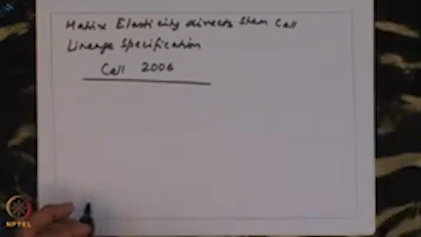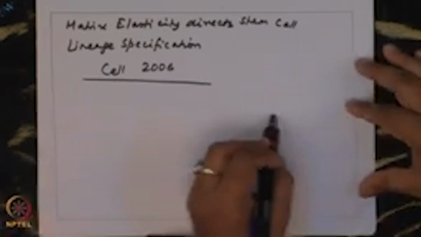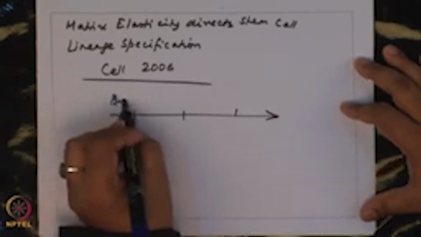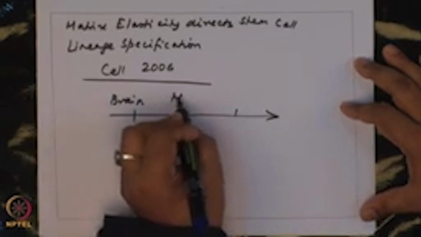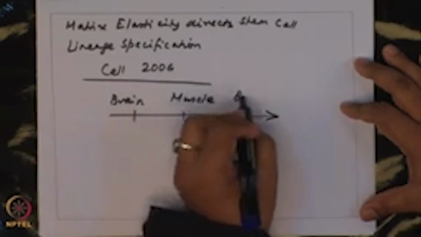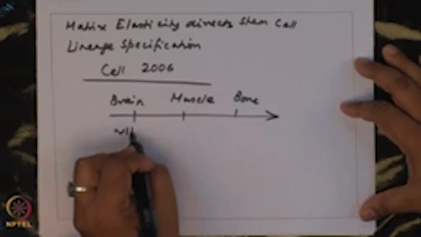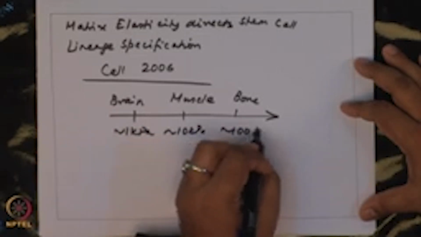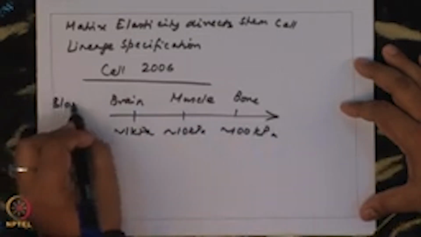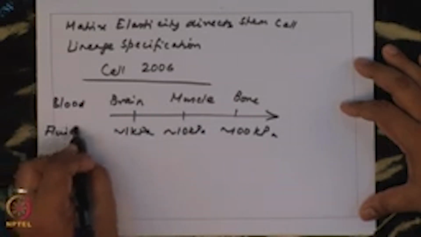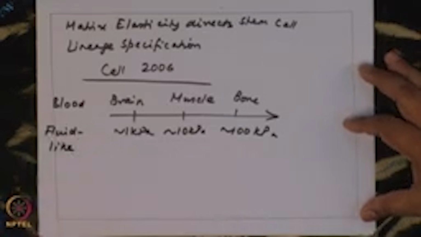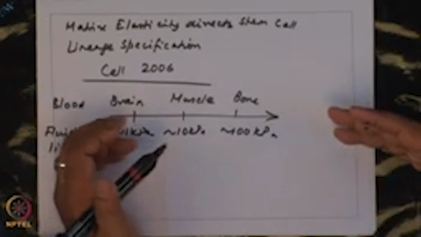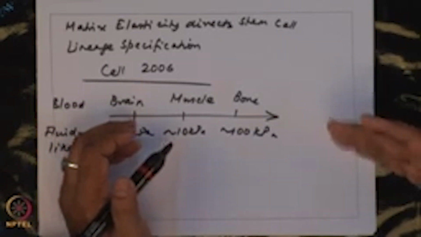The question the authors asked was, given that in vivo you have orders of magnitude of stiffness, with brain being soft, muscle being intermediate stiffness, bone being stiff, so this is order 1 kPa, order 10 kPa, order 100 kPa, and in the extreme you have blood which is fluid-like. Given these environments which exist in vivo, how do stem cells respond to this stiffness, if at all, and if yes, how?